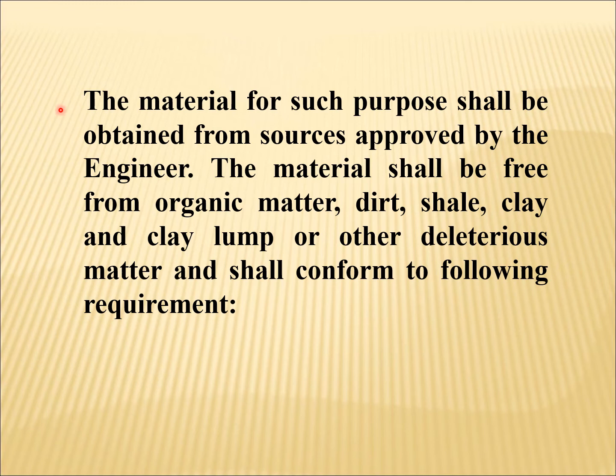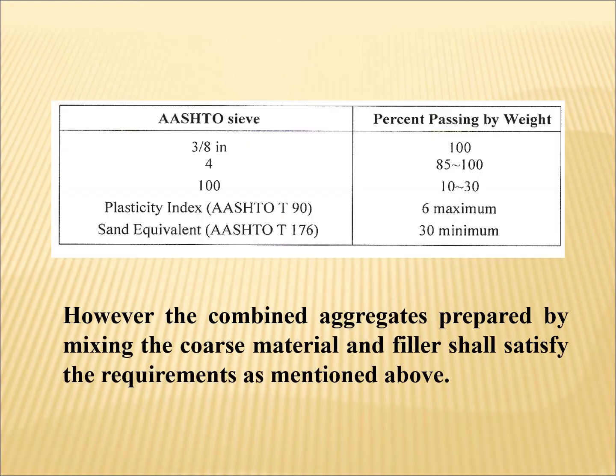The material for such purpose shall be obtained from sources approved by the engineer. The material shall be free from organic matter, dirt, shale, clay and clay lumps or other deleterious matter and shall conform to the following requirements. So these requirements have to be fulfilled.